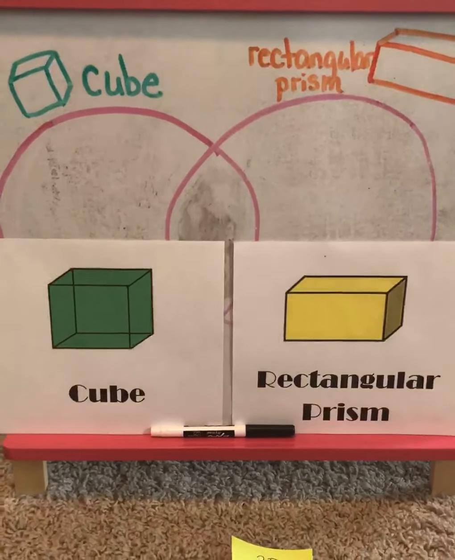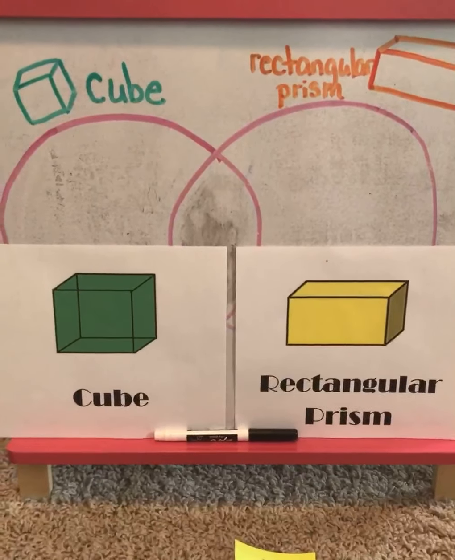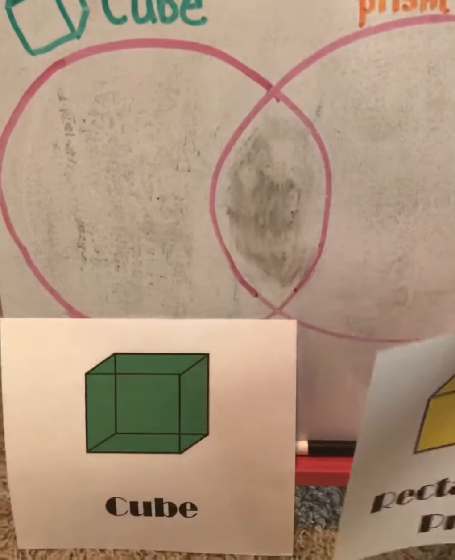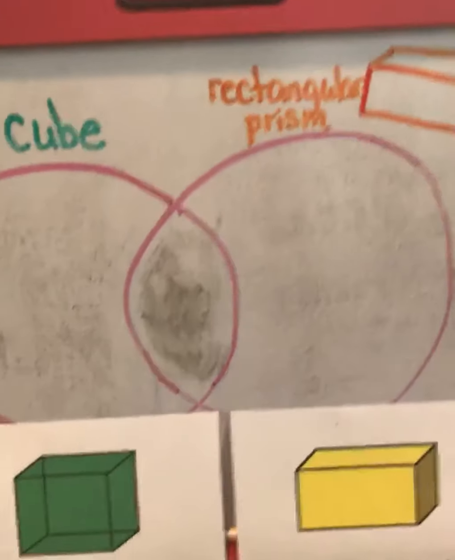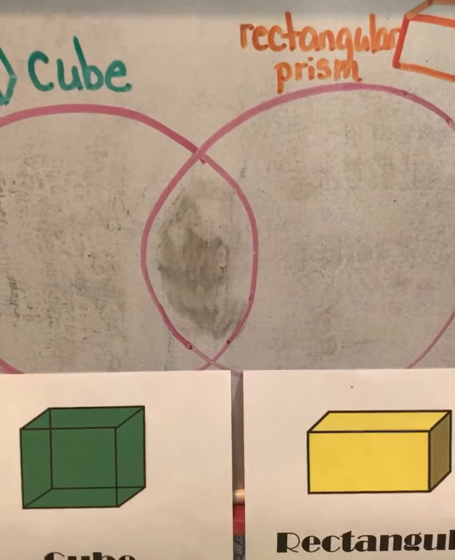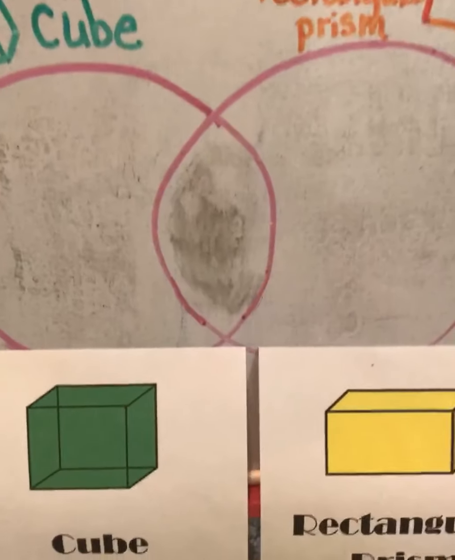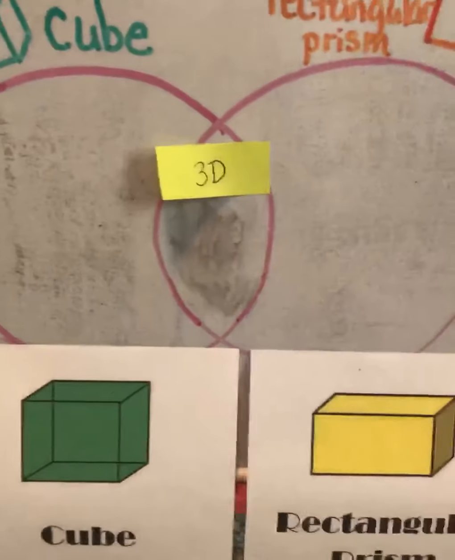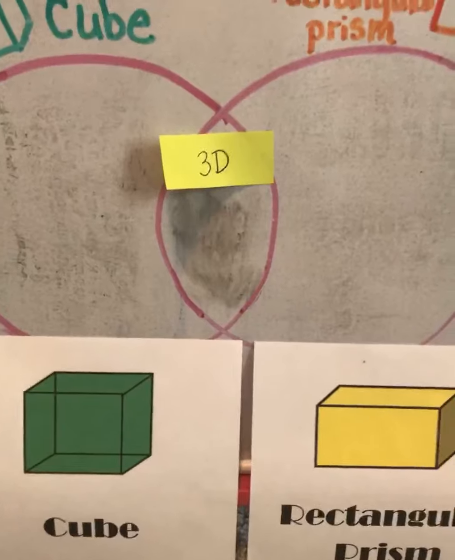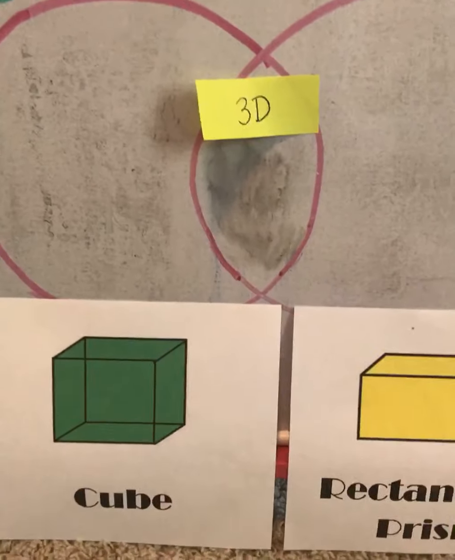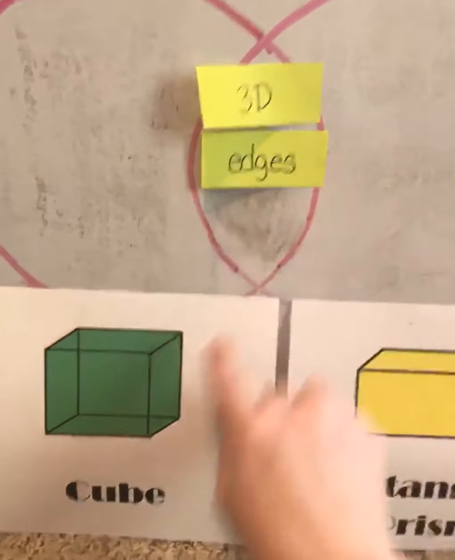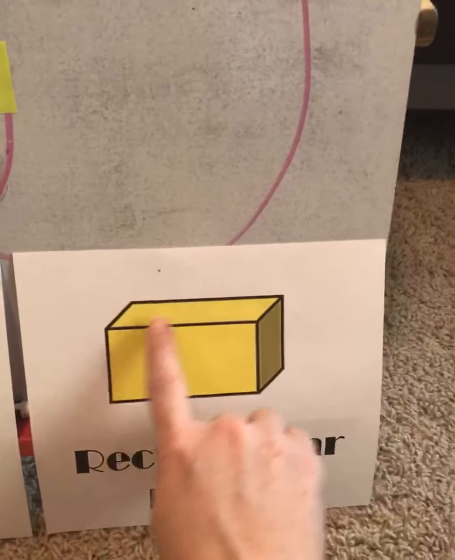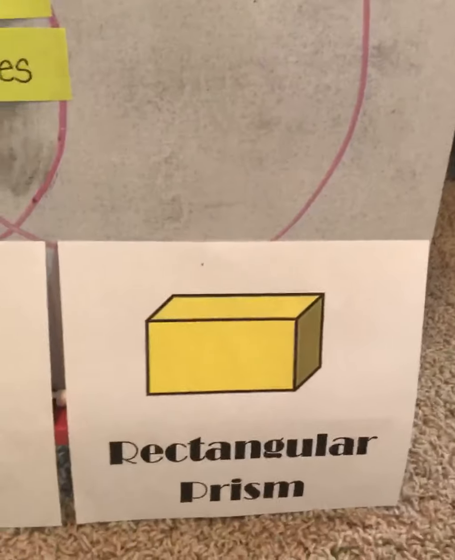Now, sometimes it's easier to start with what is the same instead of what is different. So I'm going to move this down just to give us a little more space to work. So I want you to think for a second. Both a cube and a rectangular prism are 3D shapes. So in the middle here, we can put, and I've just done this on a sticky note, saying that they are both 3D shapes. Well, because they're 3D shapes, that means that they have edges. So here are the edges you can see on the cube, and here are the edges we can see on the rectangular prism.